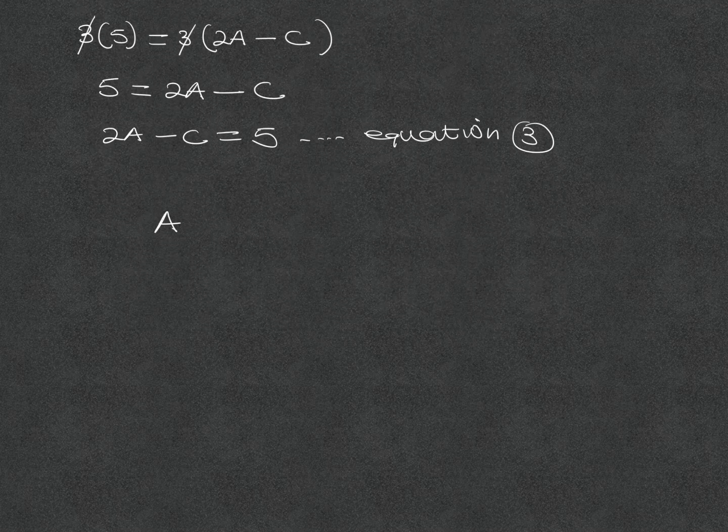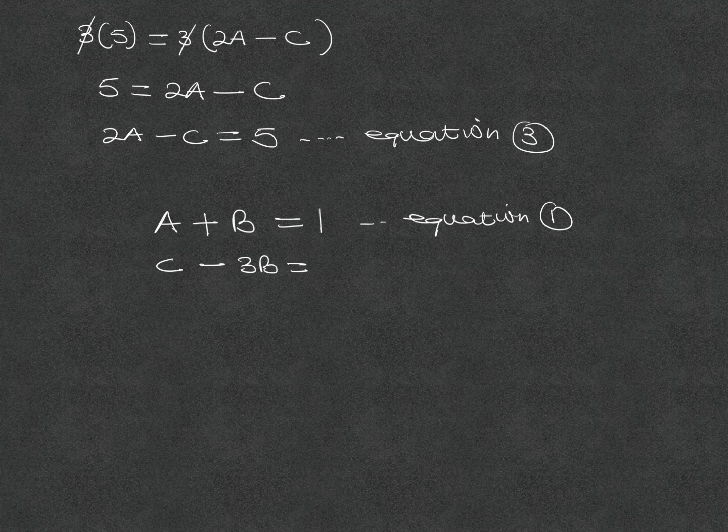We have obtained a plus b is equal to 1 as equation 1. And we obtain c minus 3b is equal to 1 as equation 2. And 2a minus c is equal to 5 as equation 3.